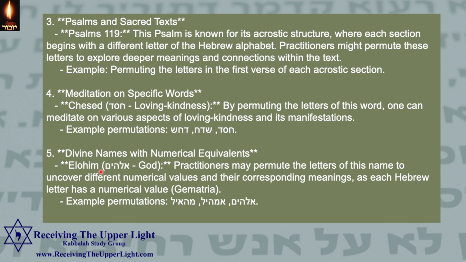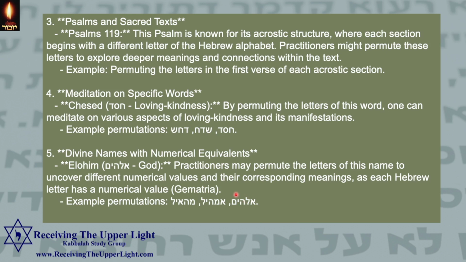Also, there are divine names with numerical equivalents, like Elohim. A practitioner may permutate the letters of this name to uncover different numerical values and the corresponding meanings, as each Hebrew letter has a numerical value. Example permutations: Elohim, then you change it to Amahiel, Mechael. And believe it or not, when you do these things, I remember studying the letters of the name Elohim and the numerical equivalents of these letters.